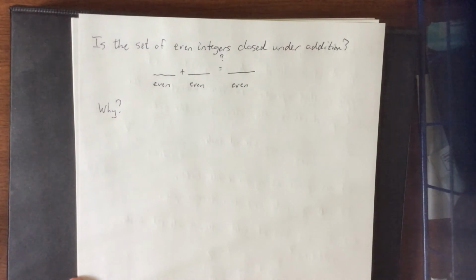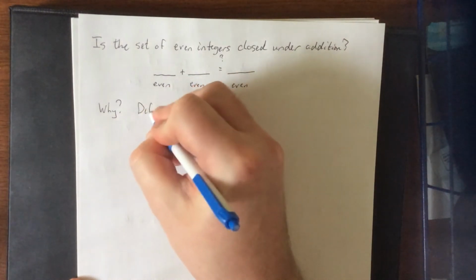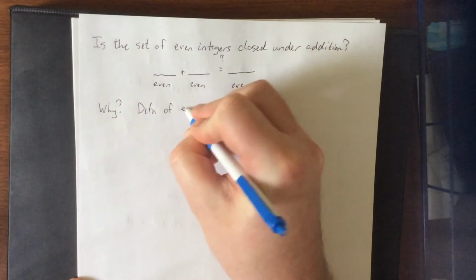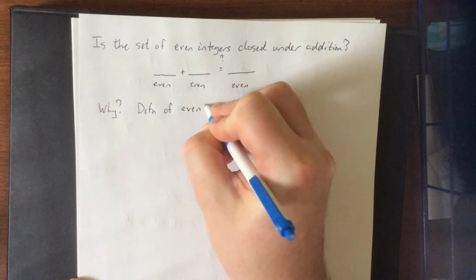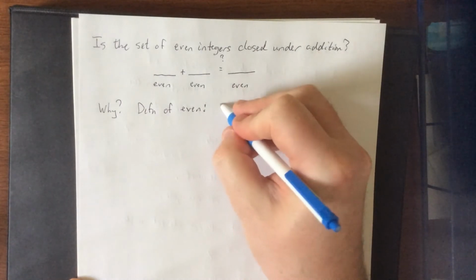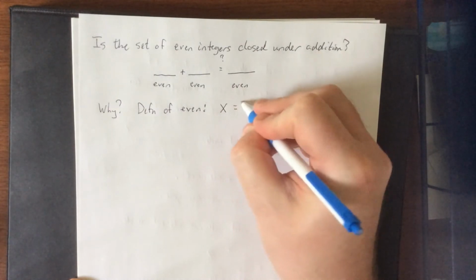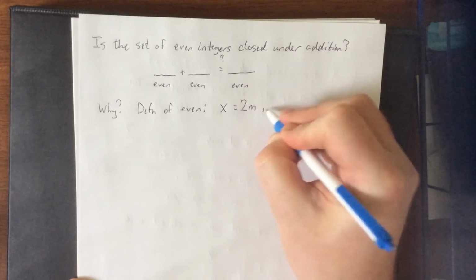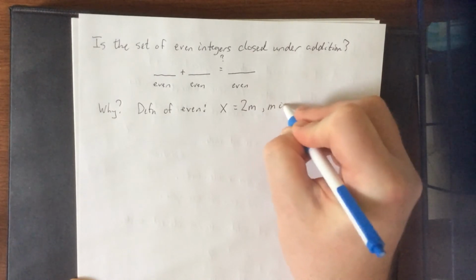Well, we're going to have to deal with two generic elements, as generic as we can get. So the definition of even is that it is divisible by 2. So x is even if we can express it as 2 times an integer.